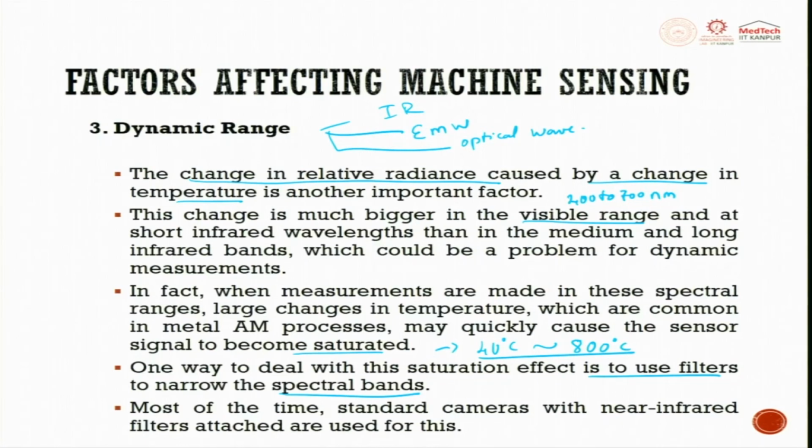Most of the time, standard cameras with near infrared filters are attached and it is used for monitoring the process continuously. So, assignments as usual you do not have to submit. We will try to have 2 assignments. So, try to take a normal standard camera which we use in our desktop. Try to understand the filters it has.